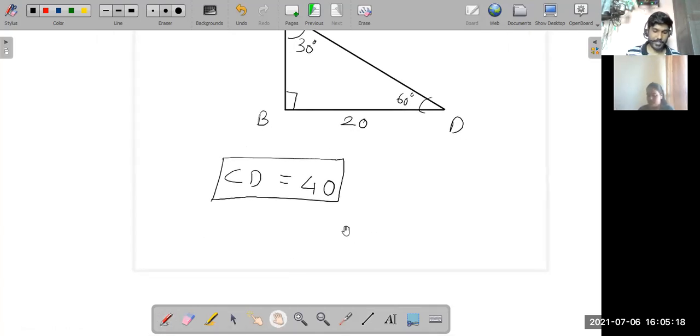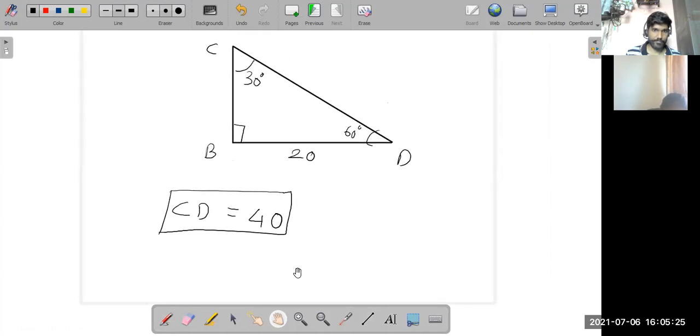Up to this step it is correct. CD is equal to 40 that you got.